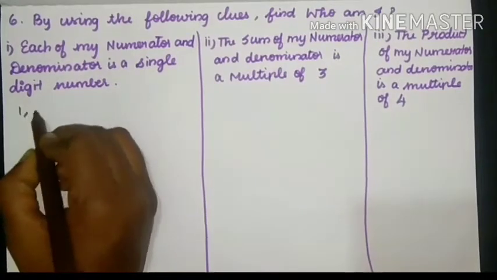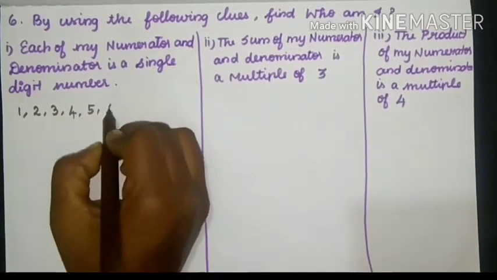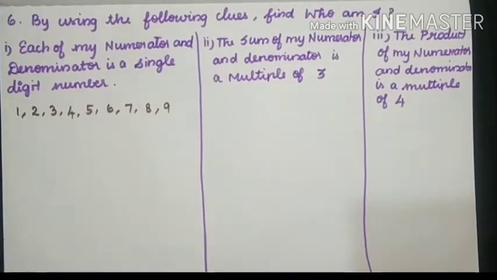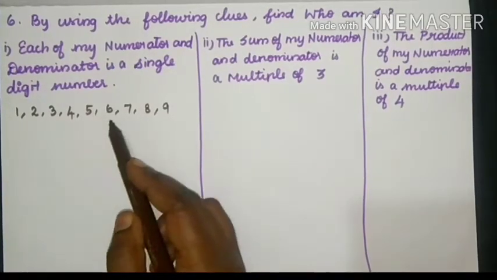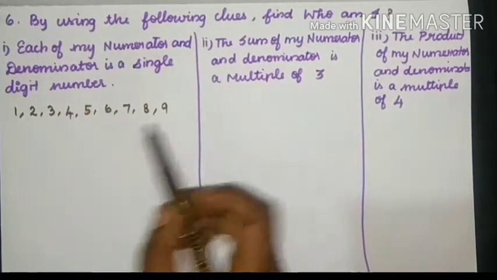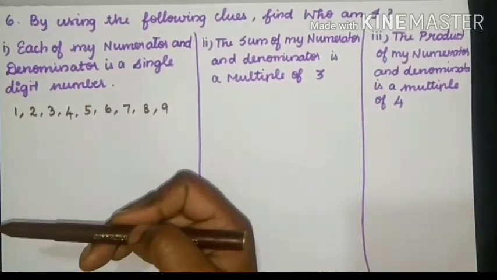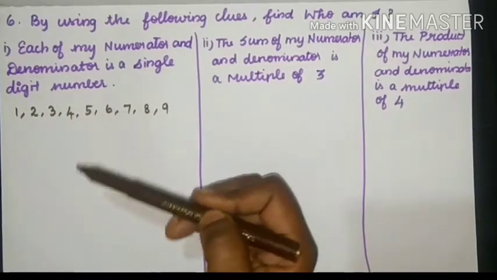That is 1, 2, 3, 4, 5, 6, 7, 8 and 9. You have to use these numbers in the numerator and denominator. You have to use any one of the numbers in the numerator and denominator.